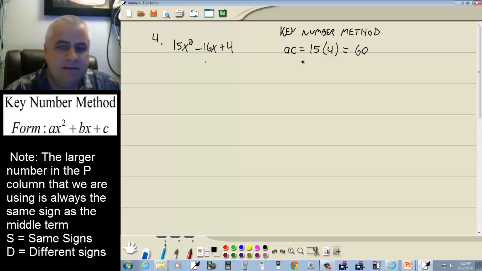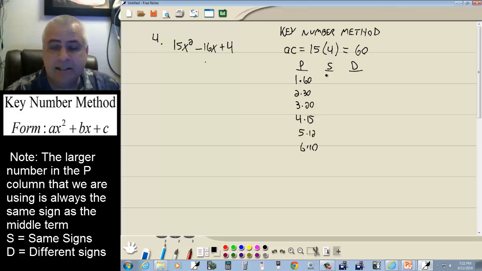And that gives us 60. Now we're still going to use a PSD table. We're going to use it slightly different. Now I'm going to write down all the products that give me 60. I got 1 times 60, 2 times 30, 3 times 20, 4 times 15, 5 times 12, and 6 times 10.